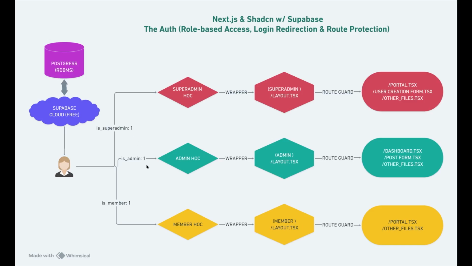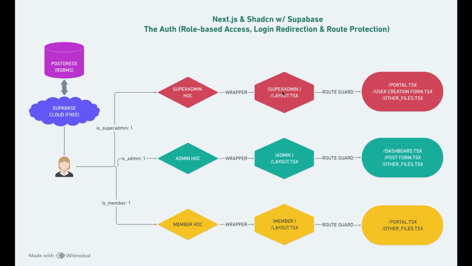If their values are 1, for example, if the super admin is 1, then it goes straight to the super admin HOC, which is the higher order component, which I used as a wrapper on top of the super admin layout file. The same way, the admin HOC wraps the admin layout, and the member higher order component wraps the member layout file.